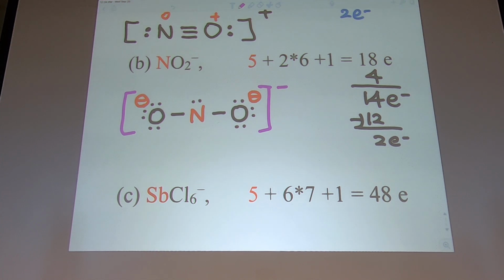So what's the formal charge in the middle? Plus 1, right? You can do the same thing: 5 minus 4 is plus 1. But I like the shortcut way.